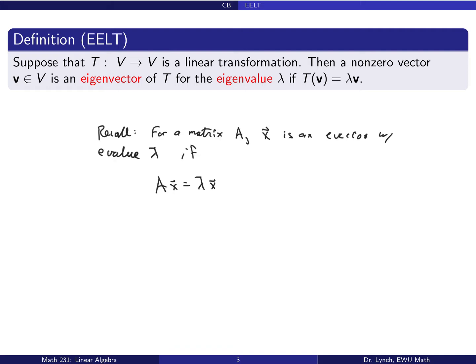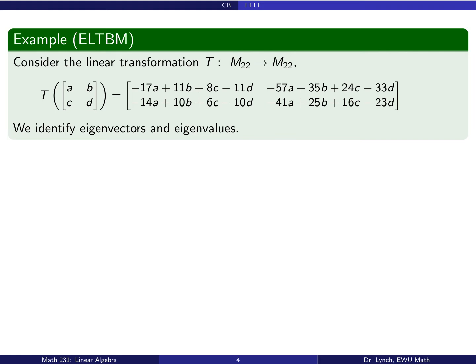So I'll briefly remind you of the similar definition for a matrix A. We say that a vector x is an eigenvector with eigenvalue lambda if Ax is equal to lambda x. So sort of the same definition here. If the image of v is equal to lambda v, we say that v is an eigenvector of T with eigenvalue lambda. So here's an example of a transformation on the vector space M22.